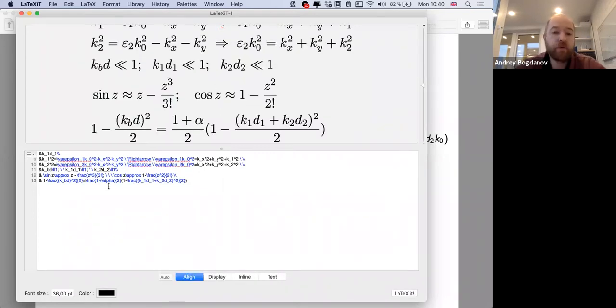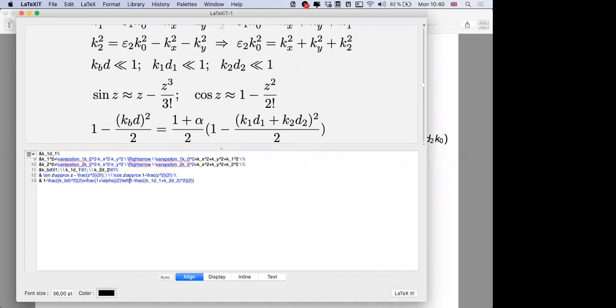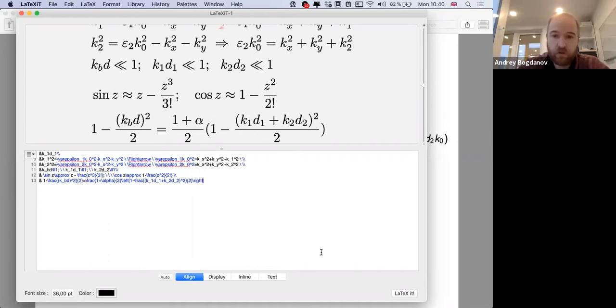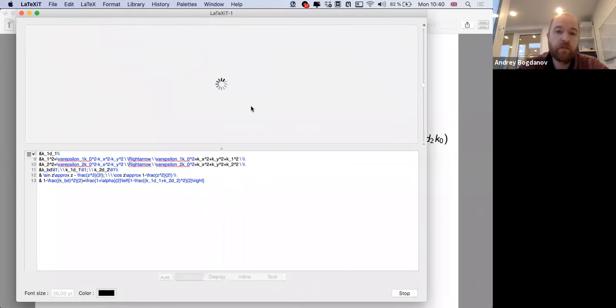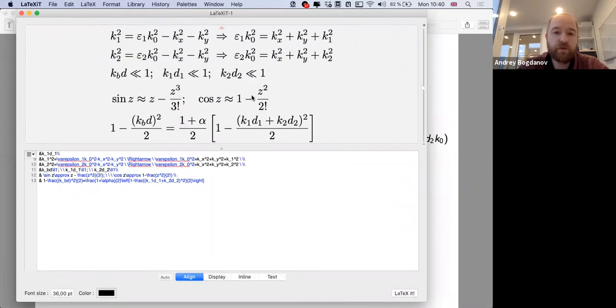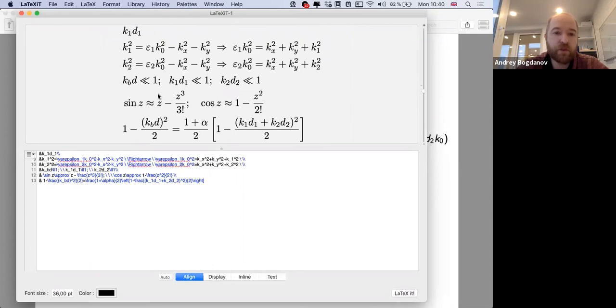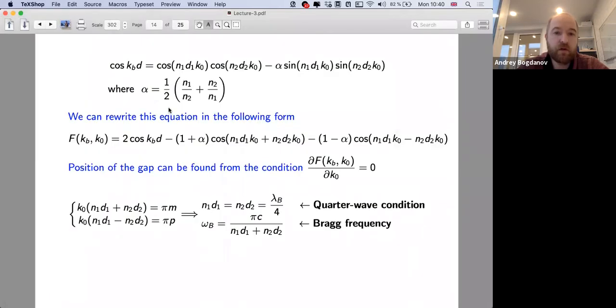Okay, do you agree? Yeah. Okay, so this is a first bracket, and please remember alpha is 1 over 2, and 1.